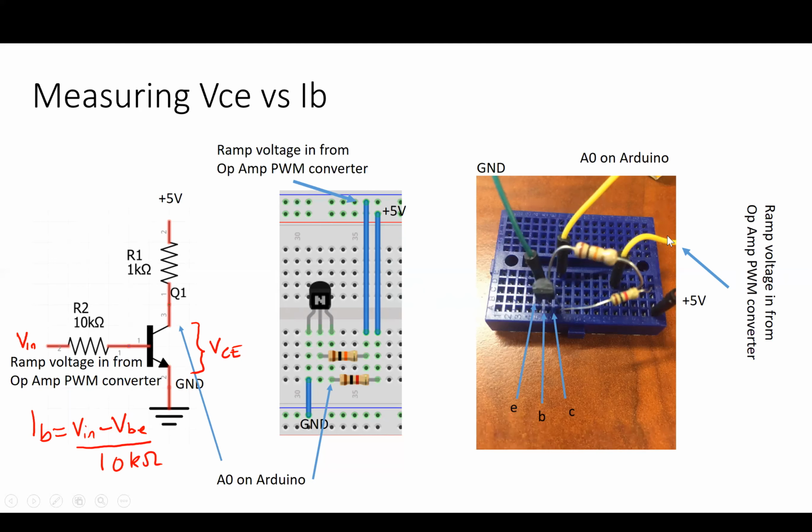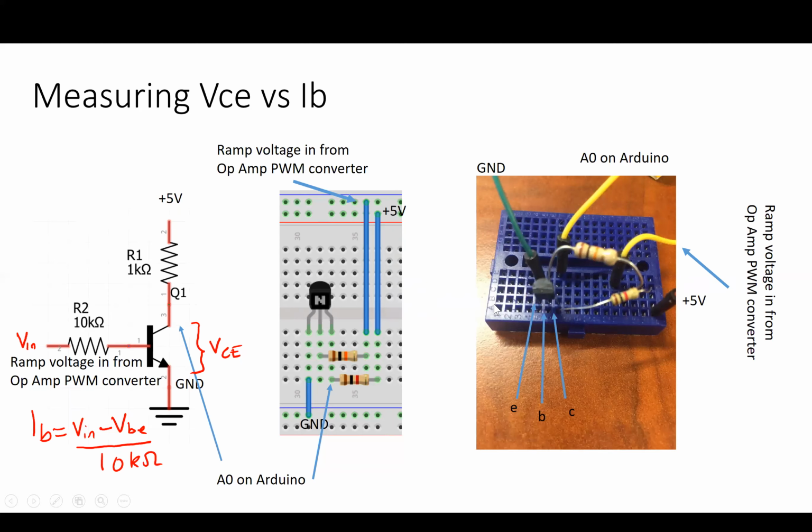This was the pin 3 ramp generator from the op-amp, which was driven by pin 3 on the Arduino. So this is the DC ramp from my op-amp converter, and that's driving this 10 kilo ohm base resistor here. You can't see it because this lead curves down and plugs into the board about here.